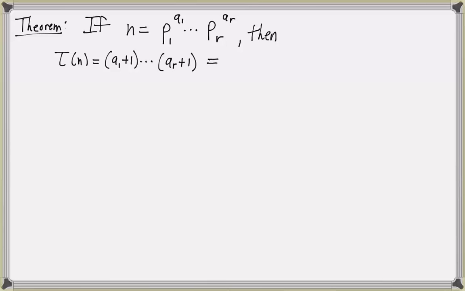So in product notation, I can write this as the product where i goes from 1 to r of ai plus 1.